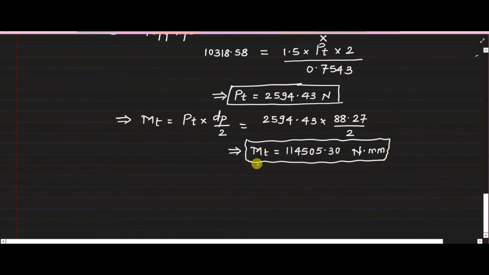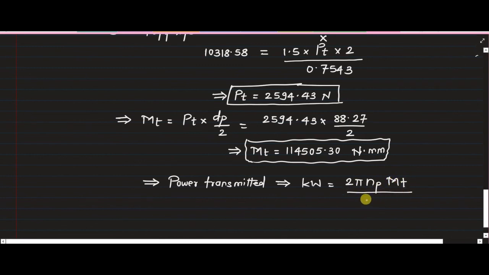Okay, so now we have MT. Immediately we can calculate the power transmitted, in kW. This is our general formula: 2 pi n MT, where n is the speed of rotation of the pinion and MT the torque transmitted, divided by 60 into 10 raised to 6, because we want to convert this into kilowatt.